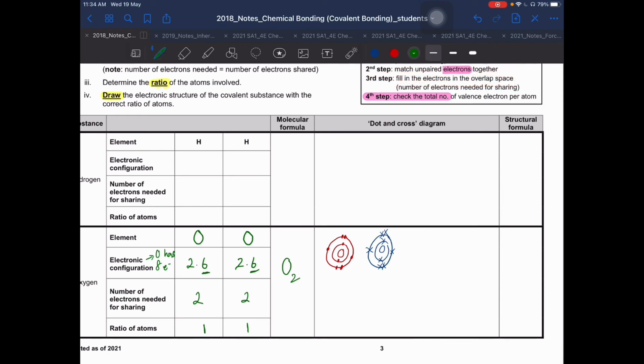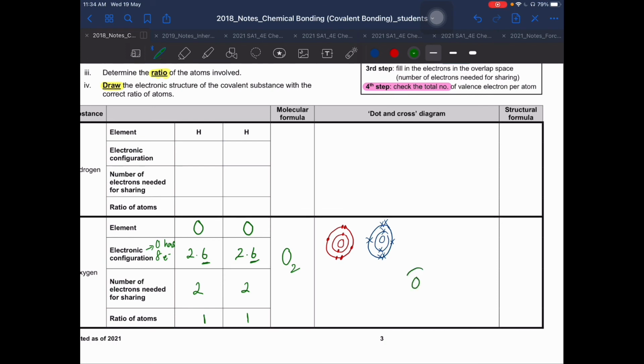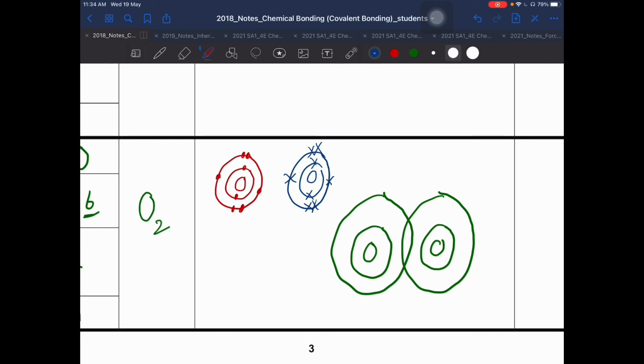Okay, so now what I'm going to do is overlap the 2 diagrams. What I can do is draw out 1 oxygen first. Be neater so that you don't confuse yourself because of the overlapping of the shells. And this is the other overlapping oxygen. Right? So what is going to happen is that we know that inside this area whereby they are overlapping, this electron must be inside, this electron must be inside, this electron must be inside, this electron must be inside, because all of them are being used for sharing.